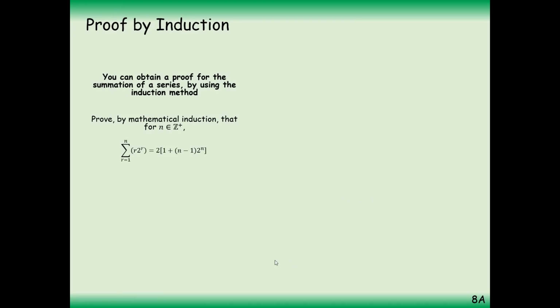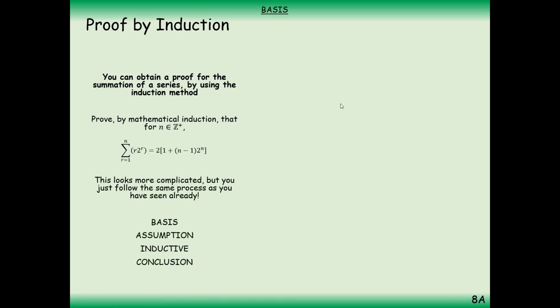In this next example, we wouldn't need to evaluate these exactly one at a time, but for illustration purposes, I will show you. So you substitute in the basis step, 1 in the left-hand side and 1 on the right-hand side. 2 to the power of 1 times 1 is 2.